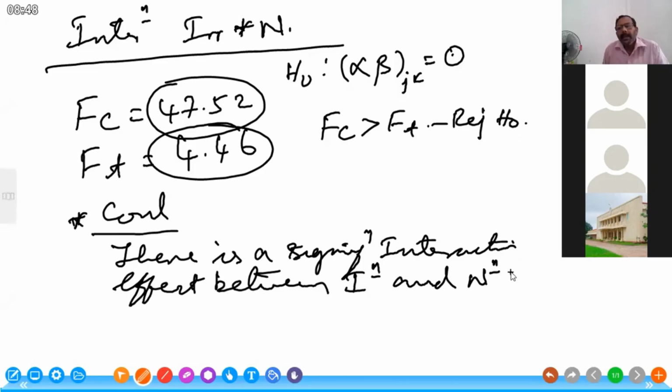As I pointed out, if you find significance in all these ANOVA tables, what is the next step that we need to follow? I mentioned this.